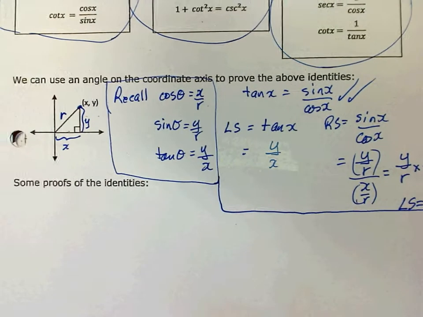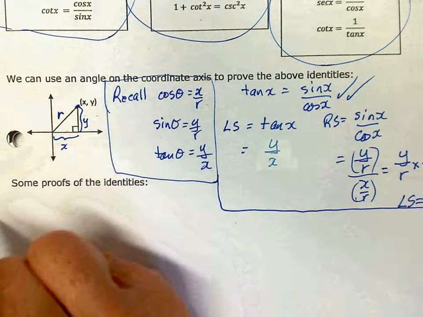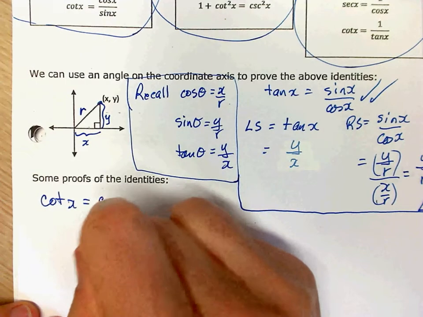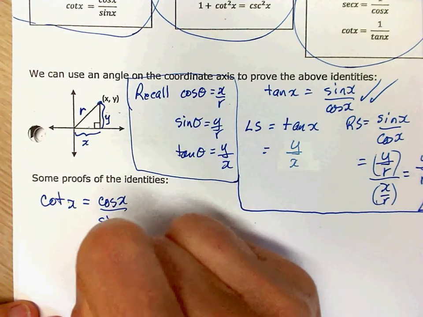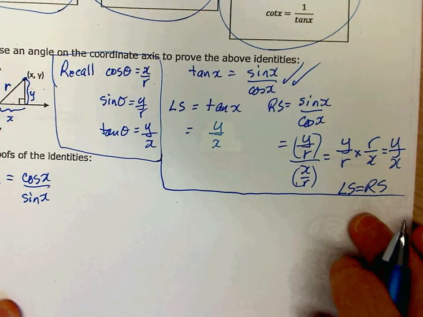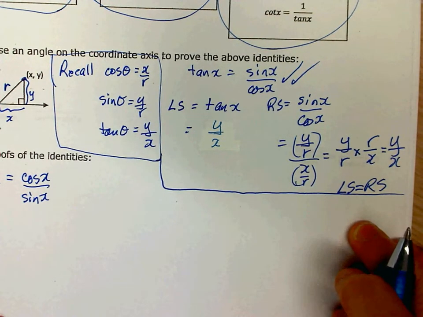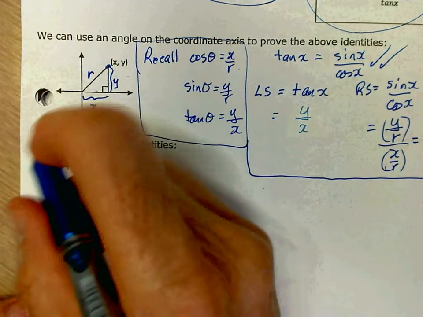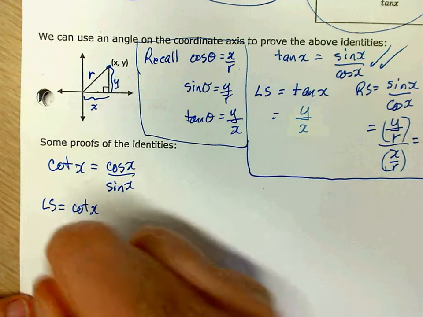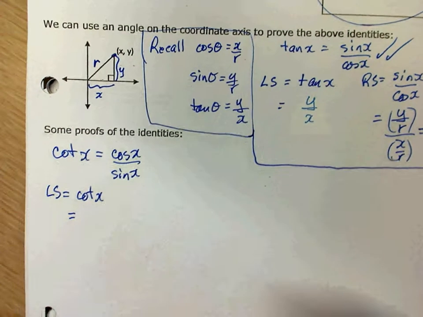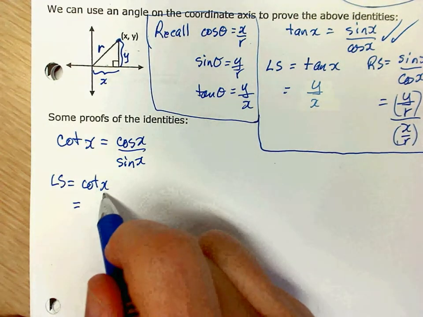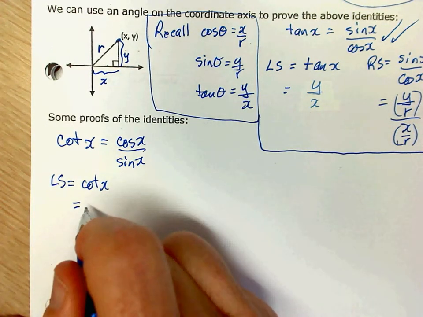Let's prove cotan x equals cos x over sine x. So again, whenever you're proving, does anyone still need this bit? Did everybody get that? Okay. Left side equals cotan x, and that equals what? Well, if tan theta equals y over x, then cotan of an angle is equal to x over y.